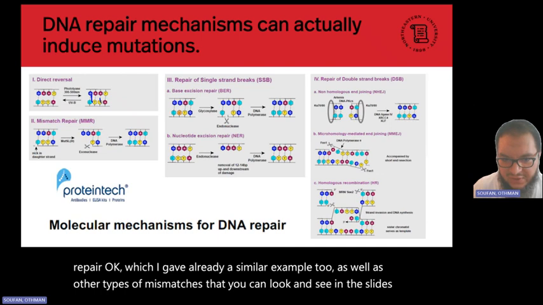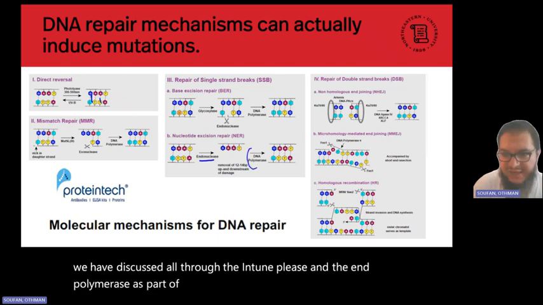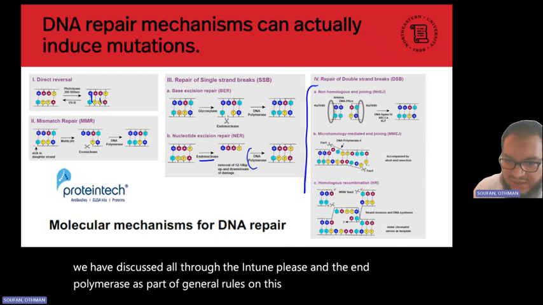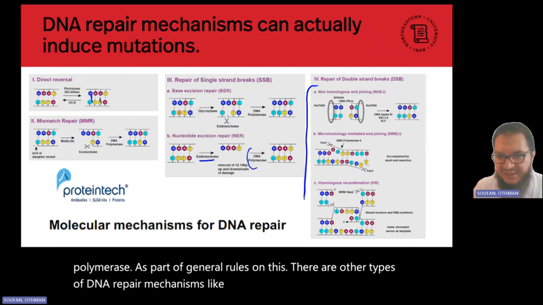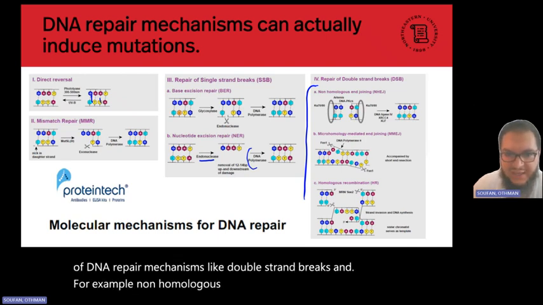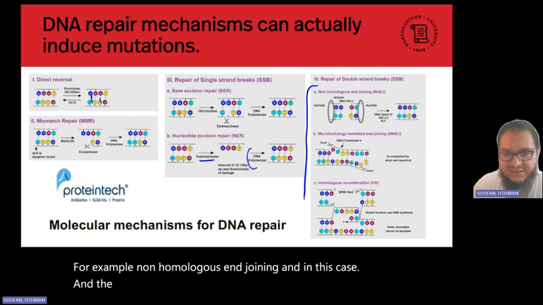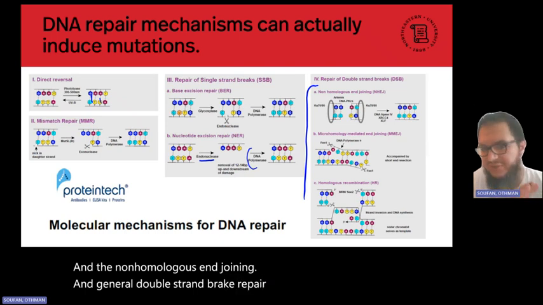We have also discussed the endonuclease and the polymerase as part of the general roles in this. There are other types of DNA repair mechanisms like double-strand breaks and, for example, non-homologous end joining. In general, double-strand break repairs are dangerous.